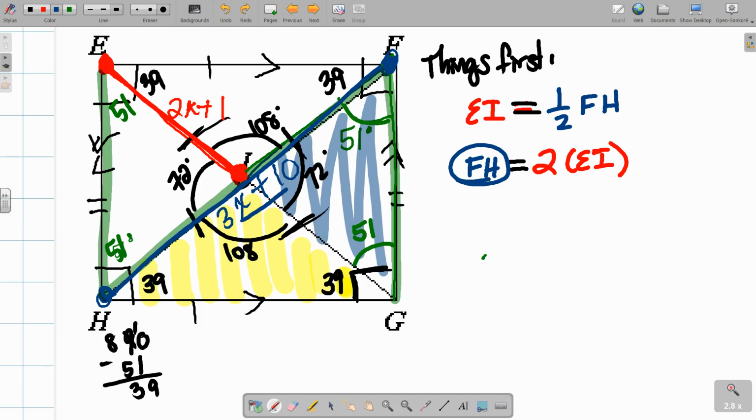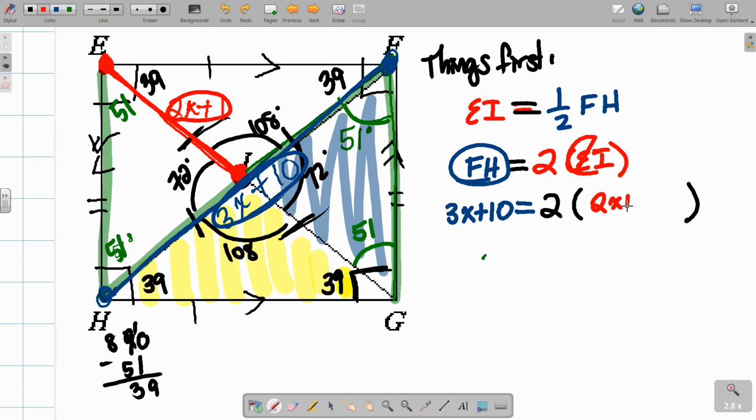FH is going to be 3x plus 10, equals 2 EIs, which is 2x plus 1. Distribute, solve for x.